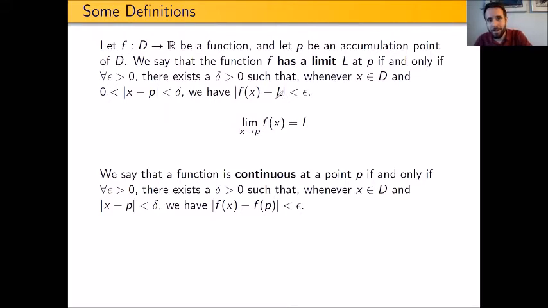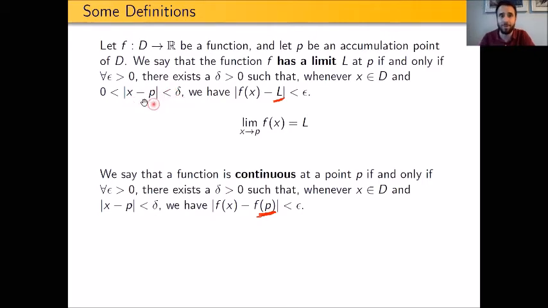Difference number one is this final piece of the statement, right? So up here, we're talking about the limit of a function, and we're saying that whenever |x - p| is less than delta, so whenever x is within a distance delta of p, we have |f(x) - L| is less than epsilon.